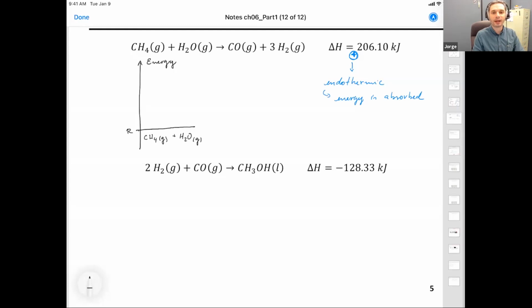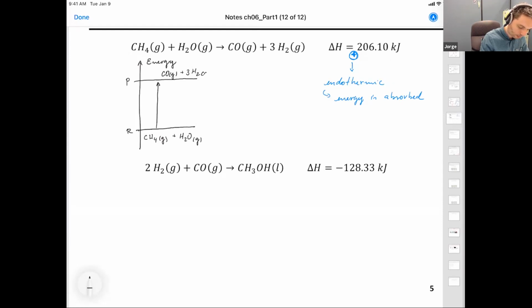Now let's decide if the energy of the products is above or below. Well, endothermic reactions, they absorb heat or absorb energy, meaning that now the energy of the products is above the energy of the reagents.